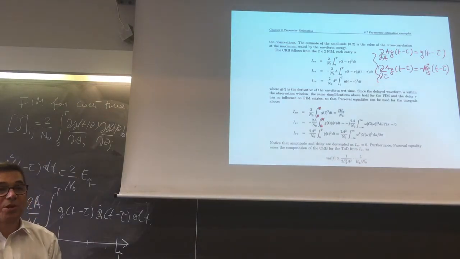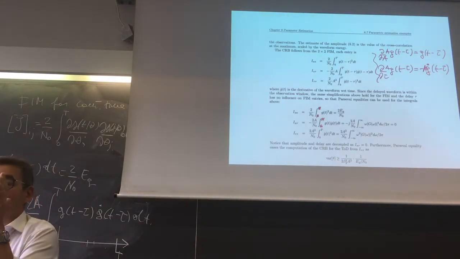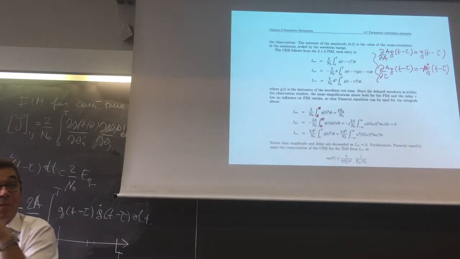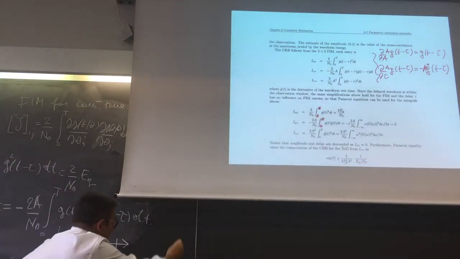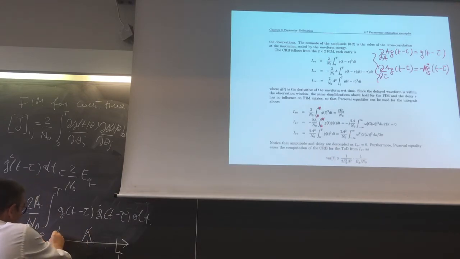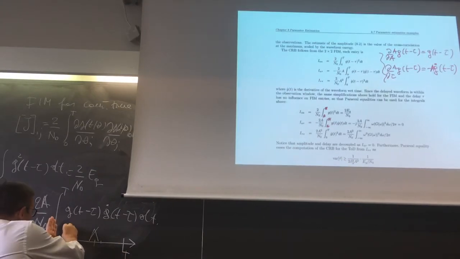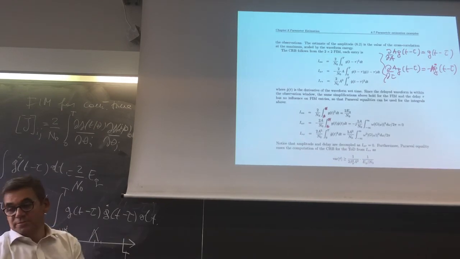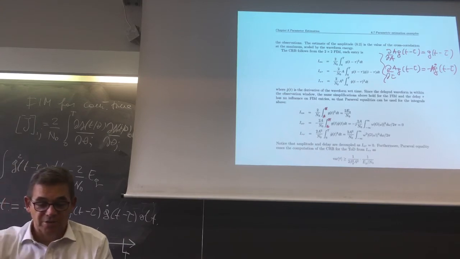So it's not 0 to T. Because if my delay is going from 0, then I'm missing one part of the waveform. My waveform is a triangle, and if I calculate everything from 0 to T, I'm skipping that part. Okay? Is it clear what the mistake is? No, I need to correct.